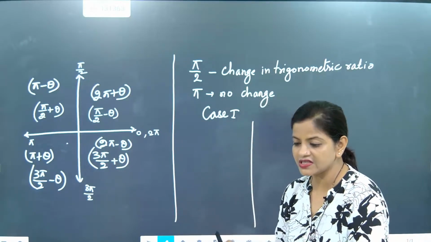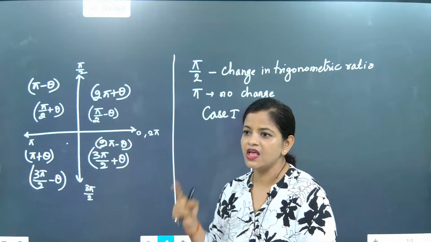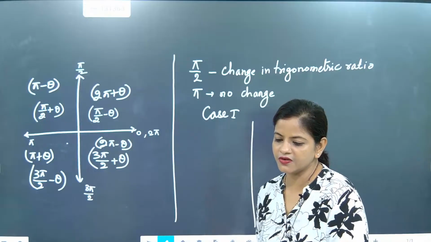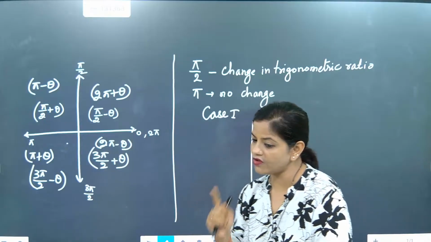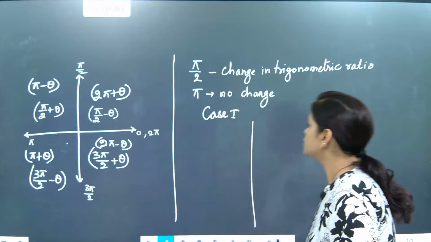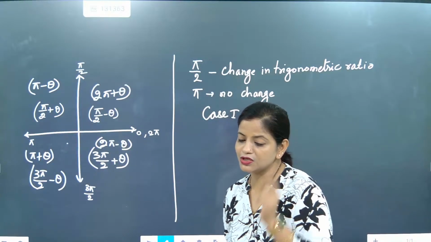And in the previous class, we learned why all 6 trigonometric ratios are positive in first quadrant. It is due to their respective graphs. Understood? So the respective graphs demand positivity of all the 6 trigonometric ratios.